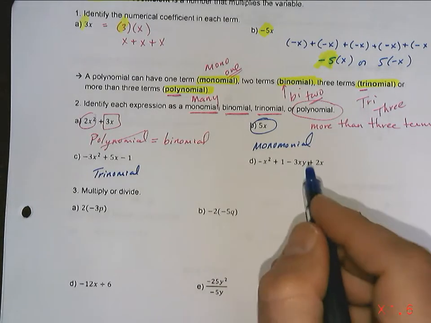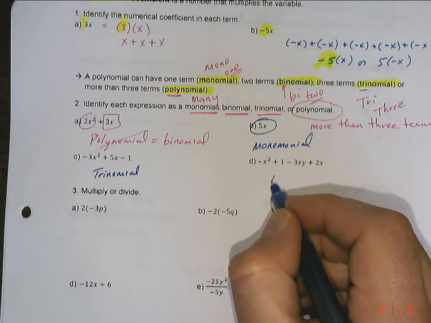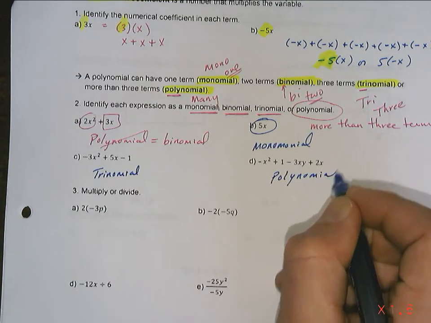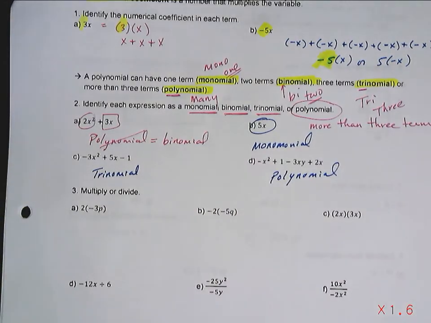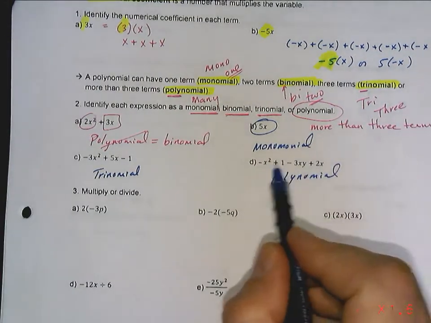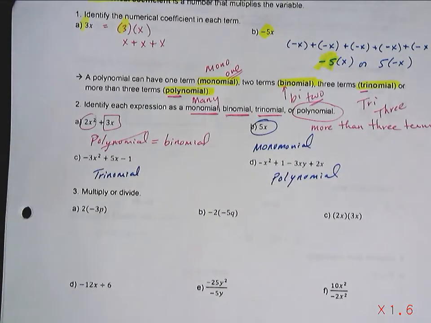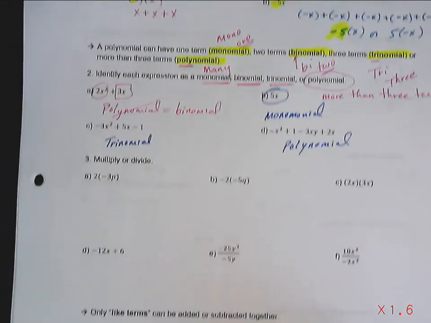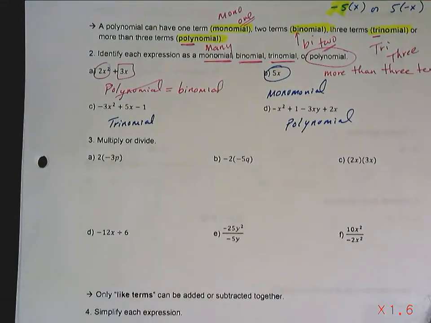None of these are like terms, so this is what we're calling a polynomial. More than 3. It's not one term, it's not 2 terms, it's not 3 terms, it's in fact 4 terms, and we're going to call that a polynomial. Okay. And again, this is a review of information that we should know.